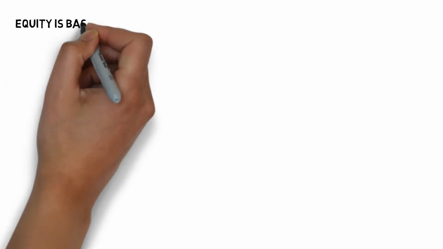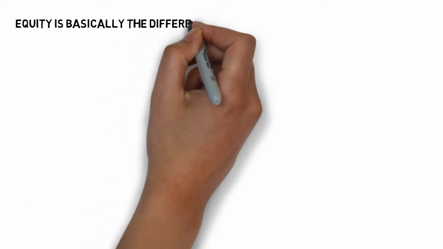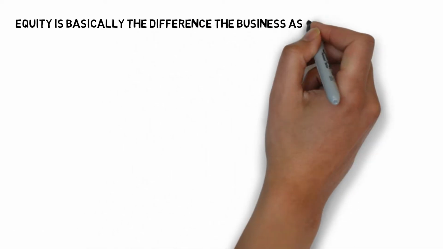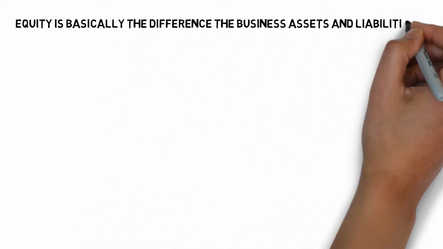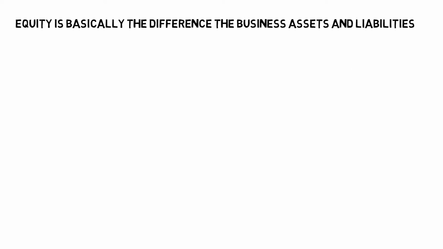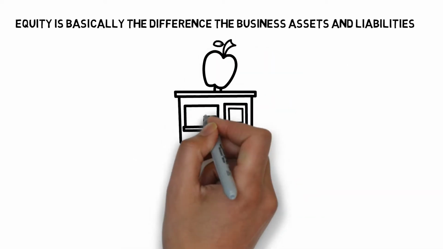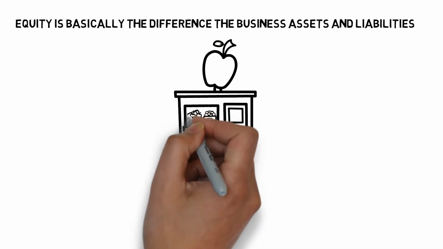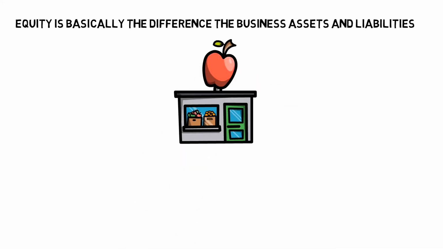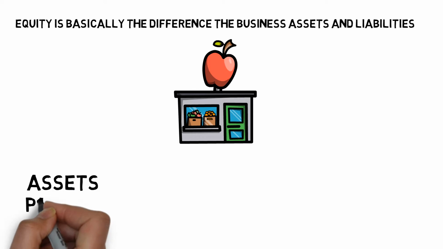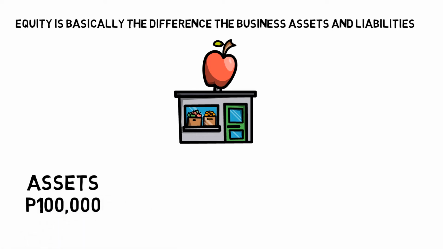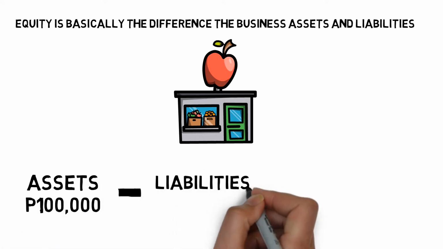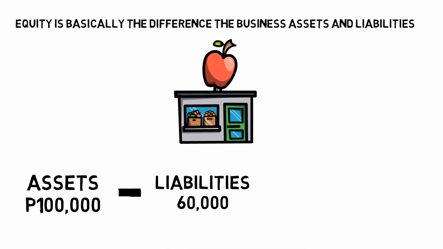Now let's define what equity is. Equity is basically the difference between the business assets and liabilities. Let's say a micro business has an asset value of 100,000 pesos, but it has a liability amounting to 60,000 pesos.